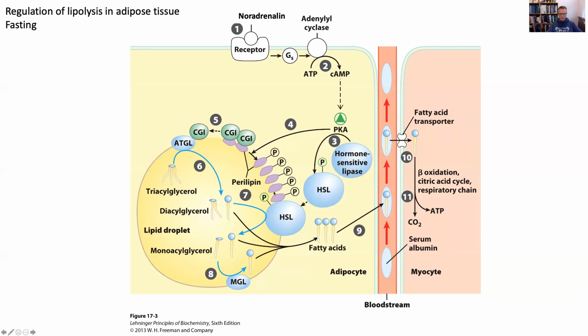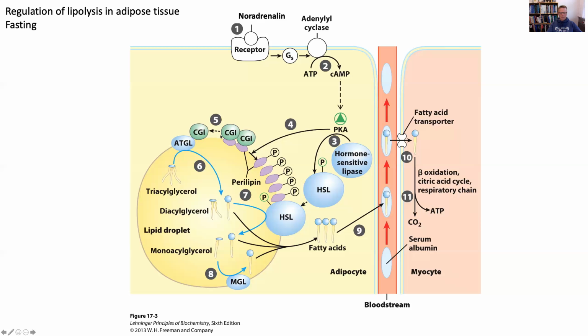So when perilipin has been phosphorylated by PKA, it will allow the hormone-sensitive lipase to access the lipid droplet. But the hormone-sensitive lipase has primarily activity against diacylglycerols. So that means that we need another lipase in order to hydrolyze triglycerides. This lipase is known as ATGL, or adipocyte triglyceride lipase, which is activated by a small protein called CGI.